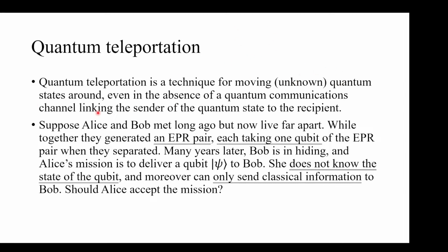From the previous slide, for an unknown quantum state you need many copies to do tomography to learn it. So you cannot know what this state is. Then how does Bob get the state without us just moving the whole state to Bob's side? That's where we use quantum teleportation.